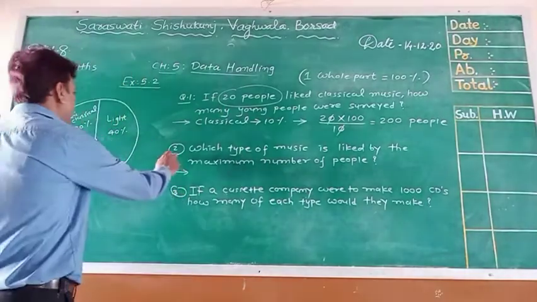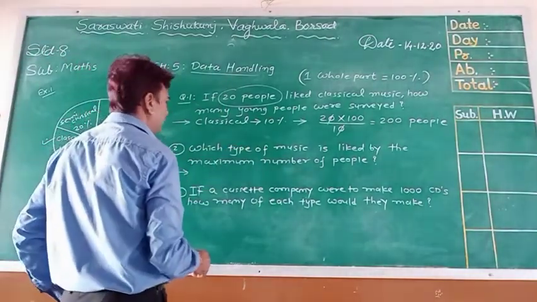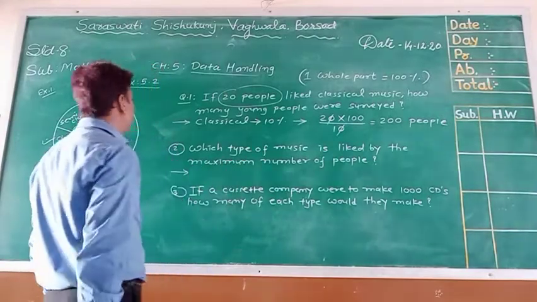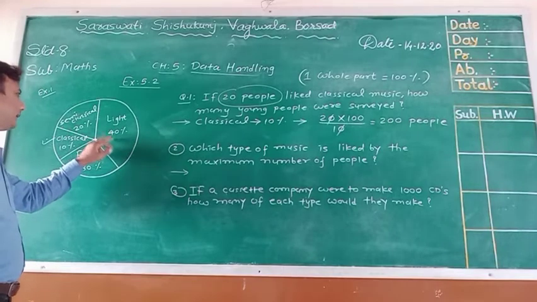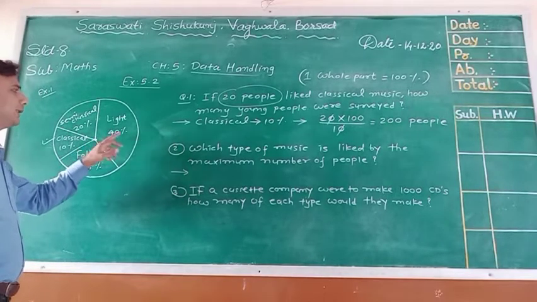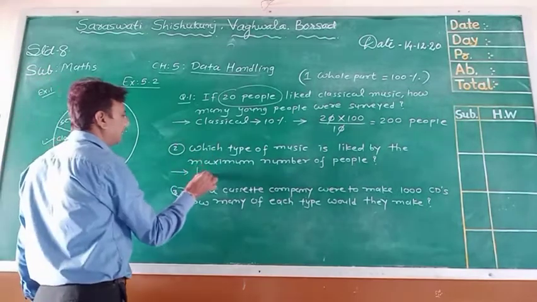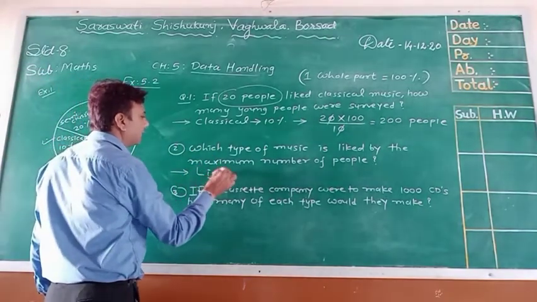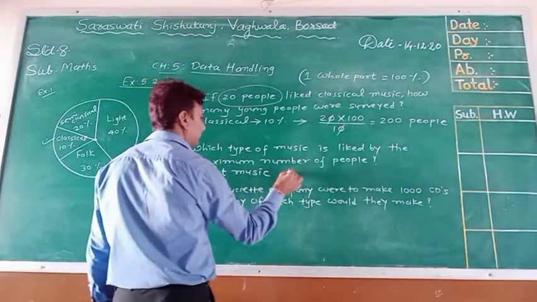Now number 2. Which type of music is liked by the maximum number of people? Looking at the maximum percentage, 40 is the highest percentage. So maximum people like light music, and that is 40%.